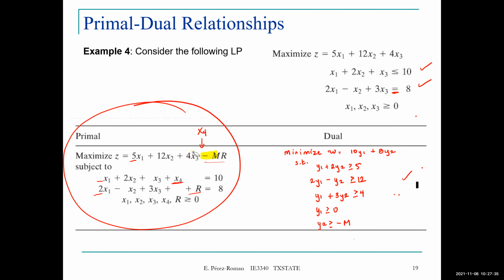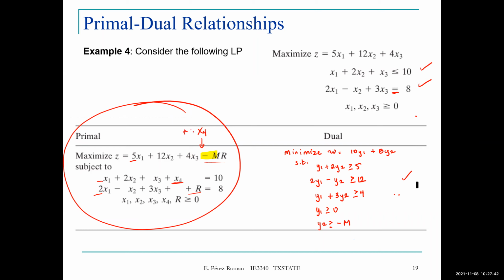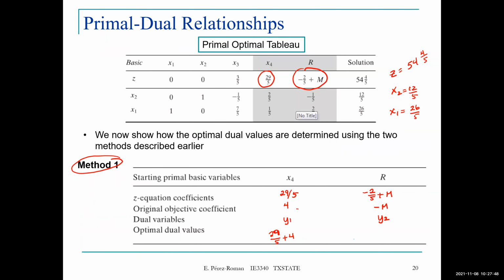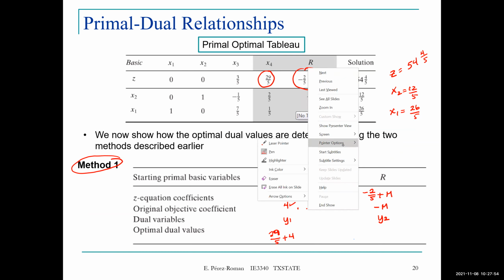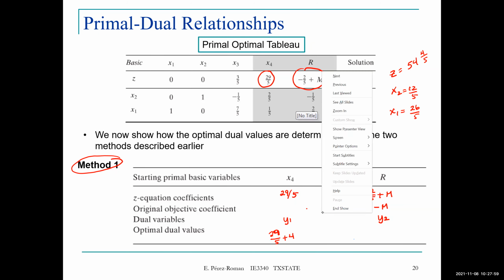Because this is for x3. So what we have here is plus 0 times x4 minus mr. So in this piece right here, this is the coefficient for x3, not x4. So that's incorrect. This should be 0.